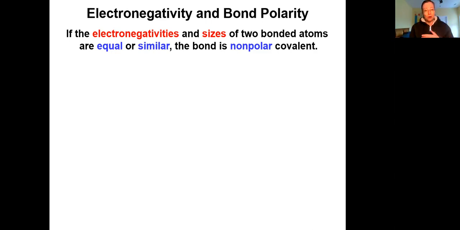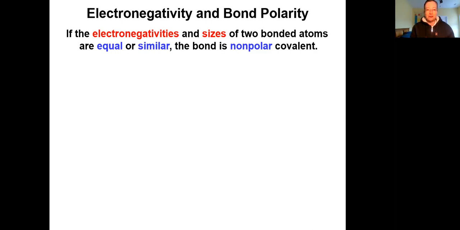With nonpolar, that's the same as saying there's no difference between the two sides. That's what I would expect if there's an equal attraction for the electrons in the bond by both atoms.